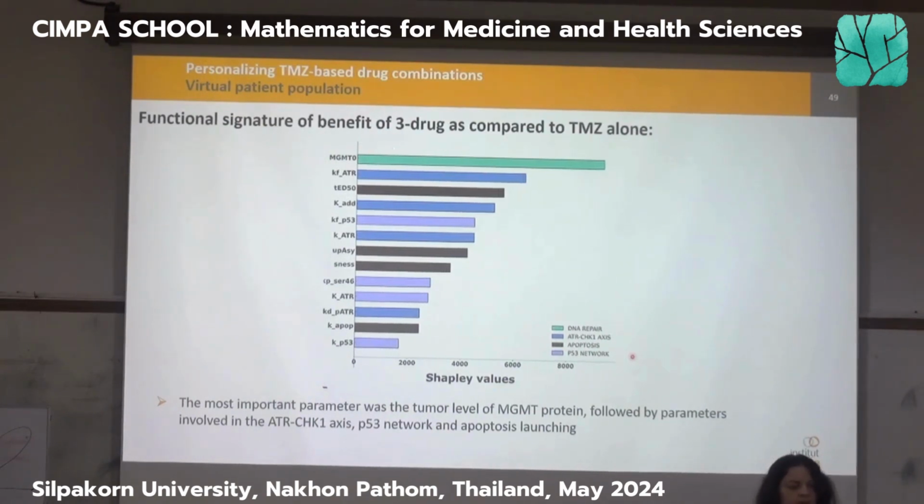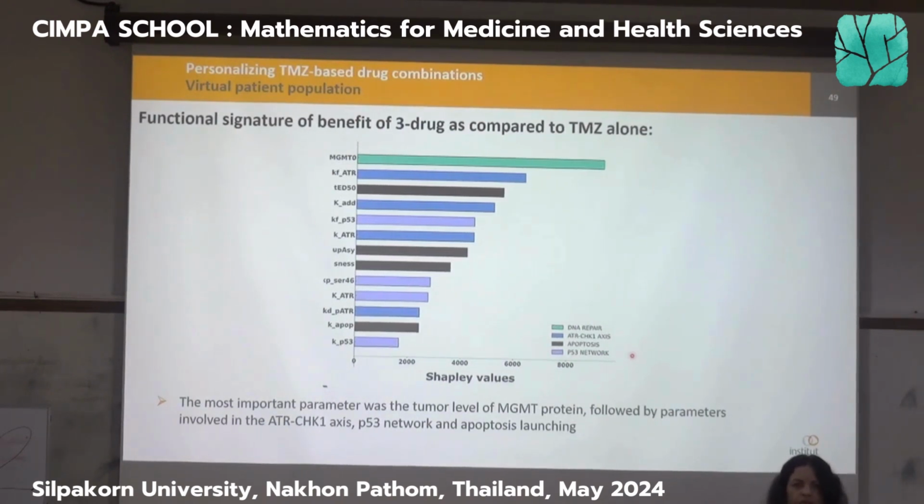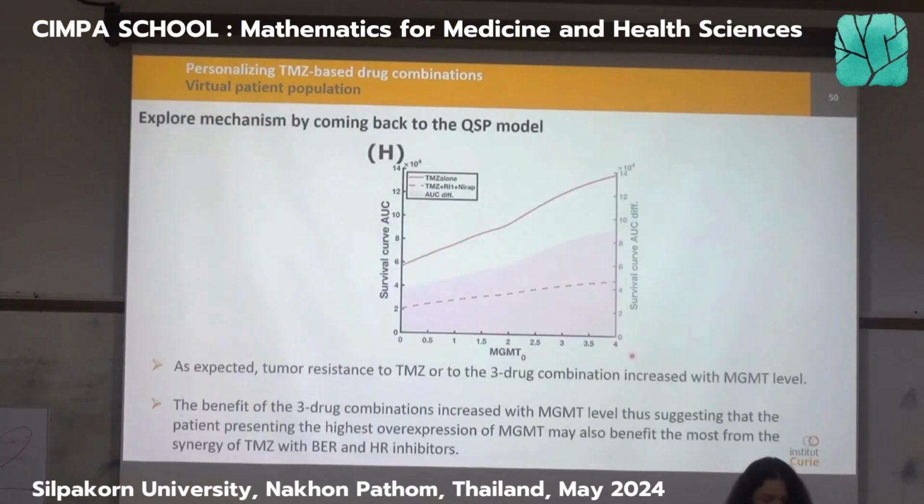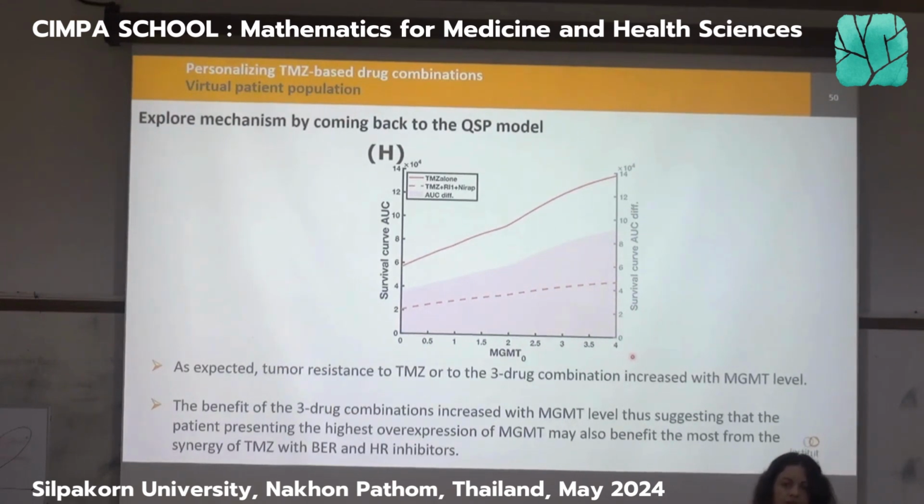And so this is machine learning, and as we were saying, a drawback of machine learning is that maybe you don't have a mechanism-based approach, and it's difficult to understand your results. But here, cool, we do have a mechanistic model on top of this machine learning. So here we went back to the mechanistic model just to have an idea about this dependence on MGMT. We created virtual patients which have all the same parameters except one, which is MGMT level.